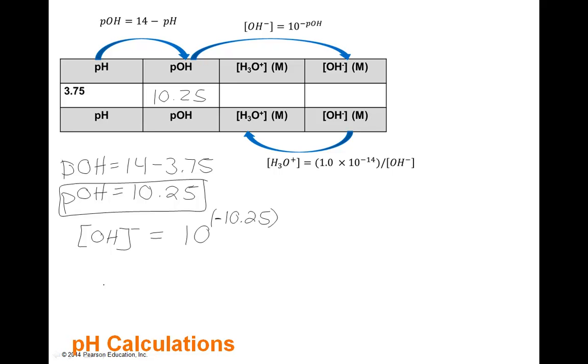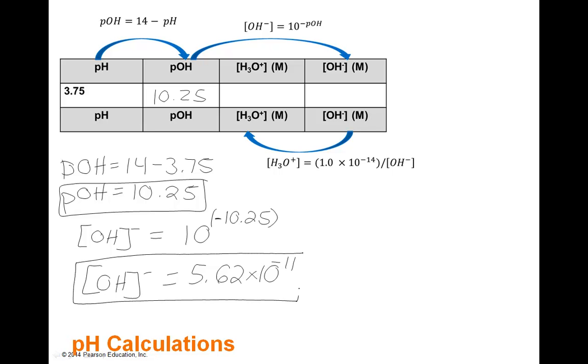So if I type that into my calculator, my hydroxide ion concentration equals 5.62 times 10 to the minus 11. So that's the second thing I figured out. So let me type this in up here. 5.62 times 10 to the minus 11.